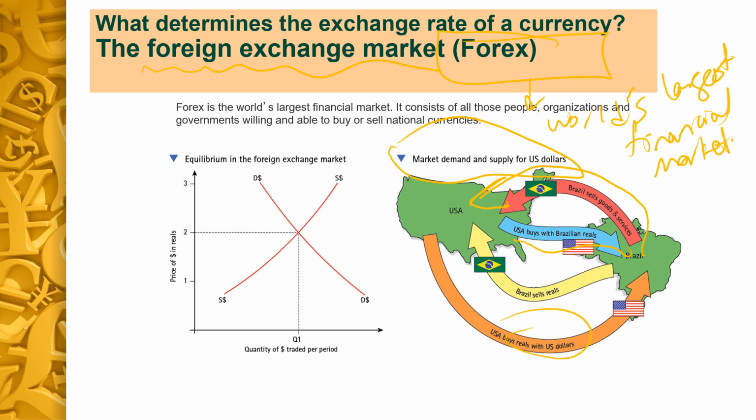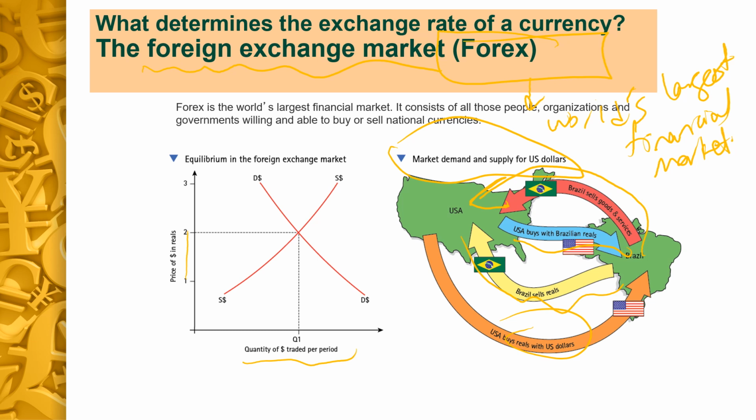USA buys the Brazilian reals and Brazil sells the reals to the USA. Let's have a look at it graphically. Here I would be talking about the price of dollars in reals, and here the quantity of dollars traded per period. I'm talking about the demand and supply of the US dollars.